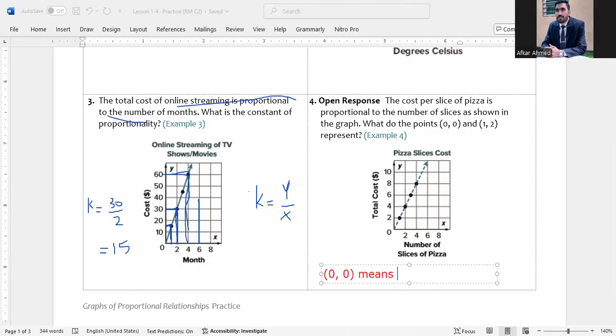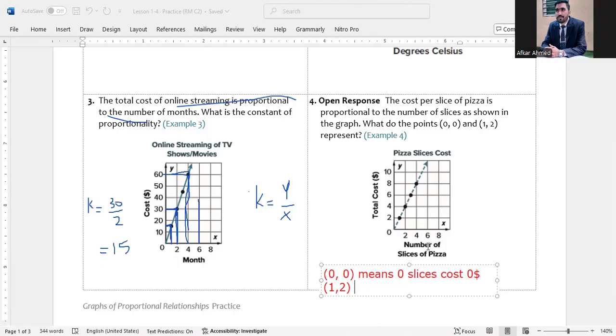He's asking, this point 0, 0 from the graph means if there are no slices of pizza, the cost will be 0. Zero slices, cost $0. So you are not buying anything, it will cost you 0. And then he's asking for 1, 2, that is, x is 1, y is 2. X means the number of slices of pizza.